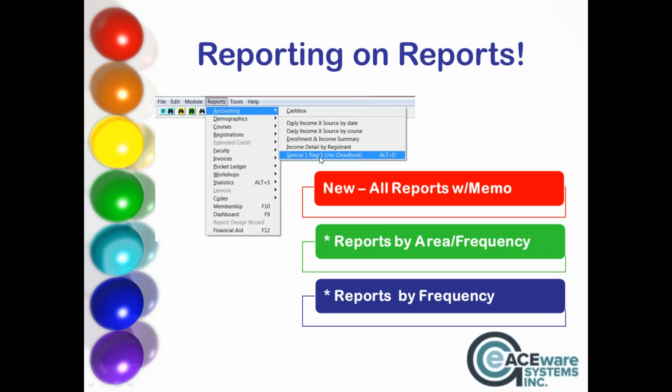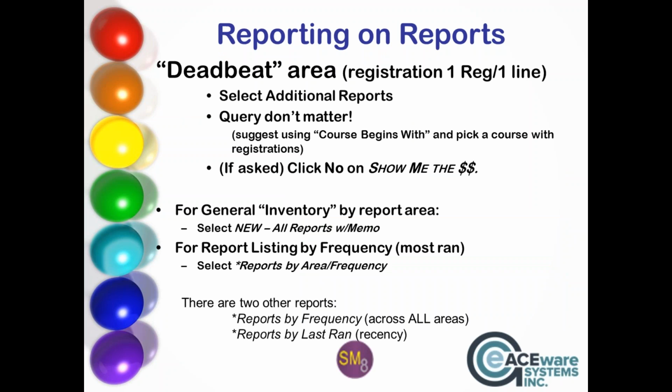They are stored in the deadbeat area, which is kind of a kitchen junkyard drawer. If you don't know where else to put it, we can put it in deadbeat and give you a way to get to it.